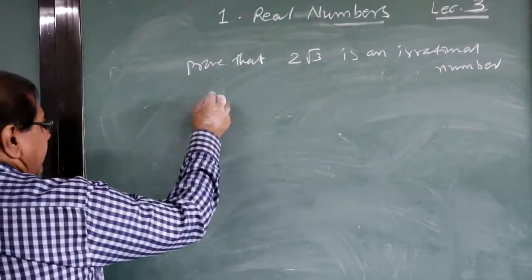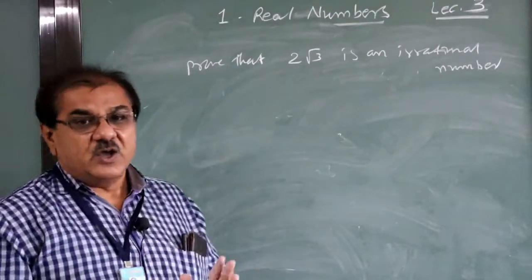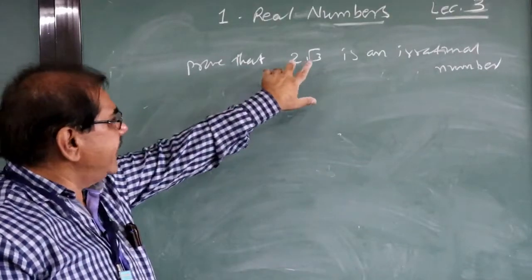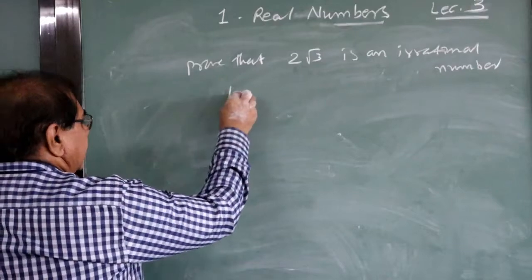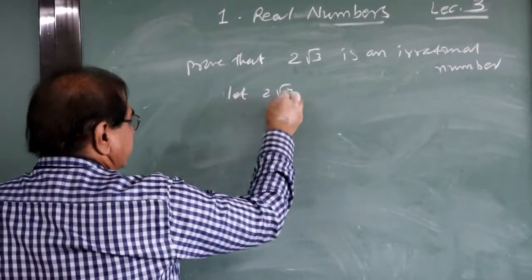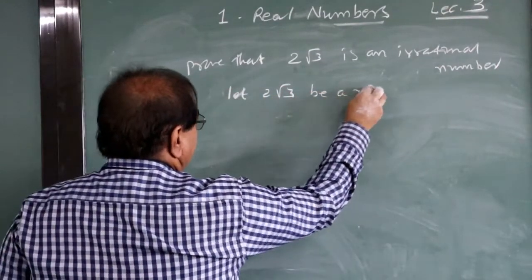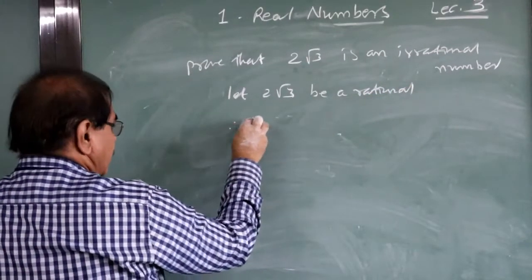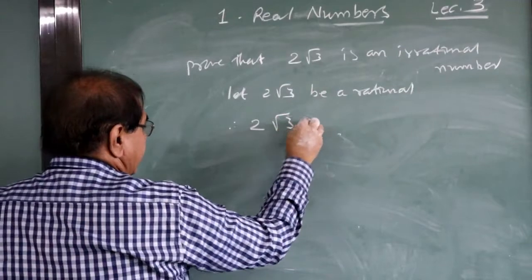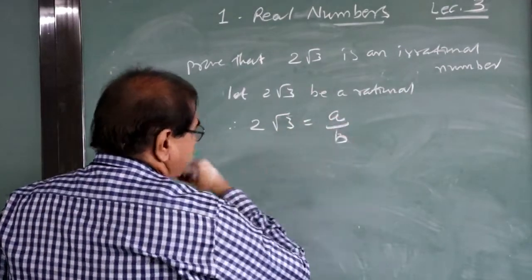So again we use the same method, contradiction. So we assume that 2 root 3 is rational. So let 2 root 3 be rational. Therefore 2 root 3 is equal to a upon b.